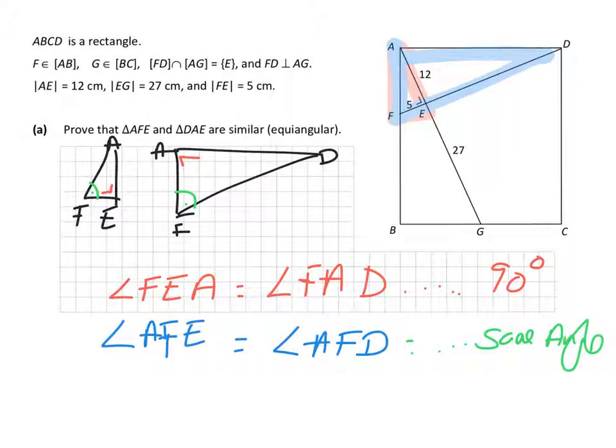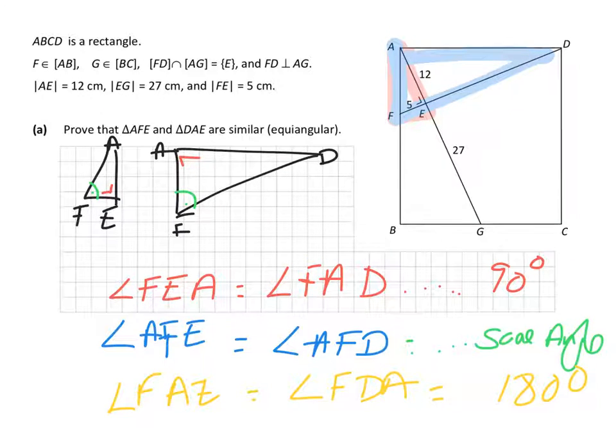Finally, I can then conclude that angle FAE is equal to angle FDA because all the angles in a triangle add up to 180 degrees. So I've now concluded that this triangle here is similar to this triangle here. Not originally what I was asked, but this will help me.